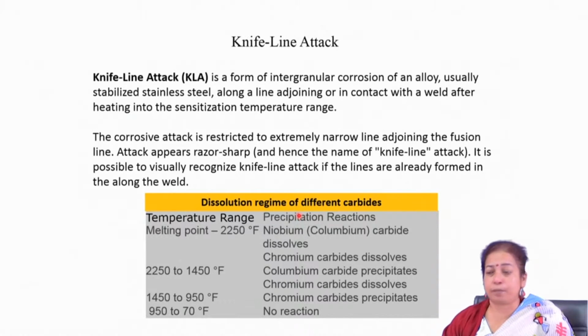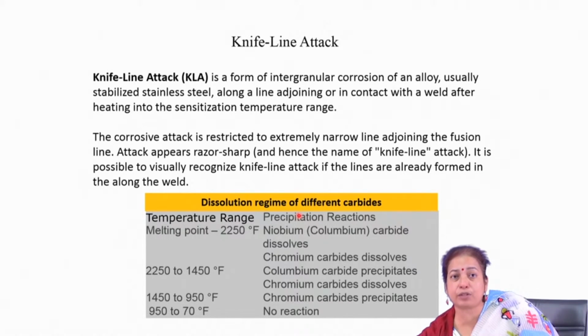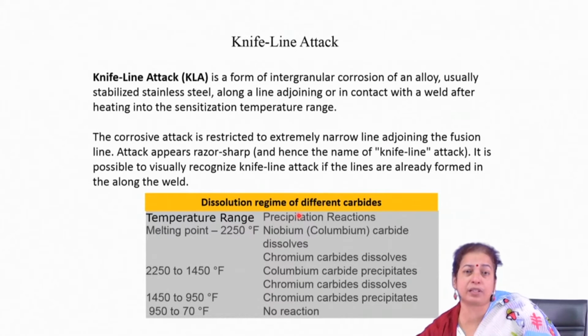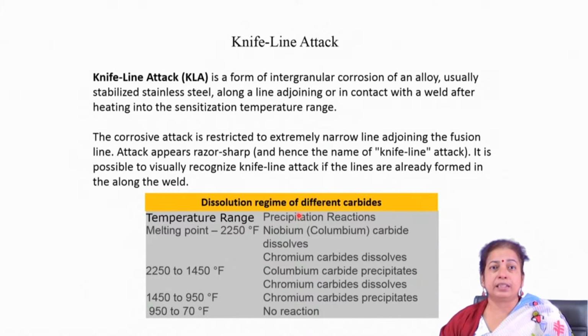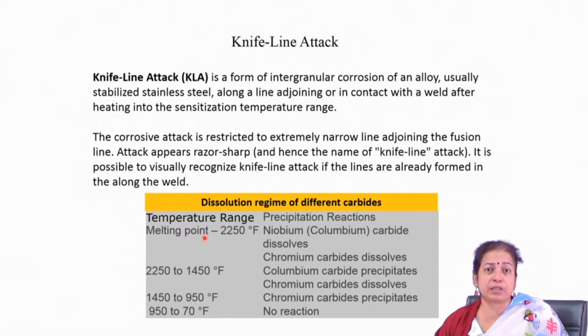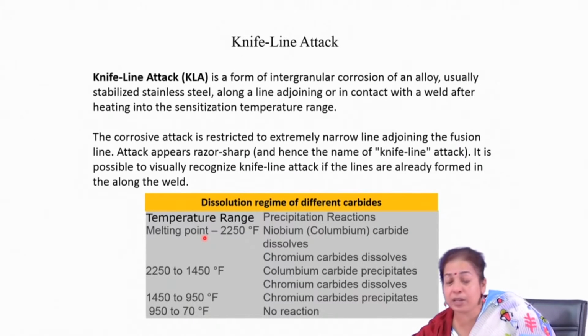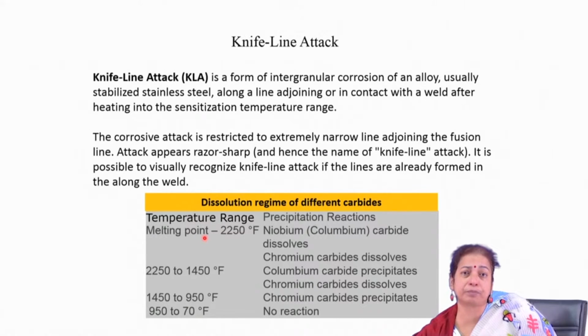So, the zone which is the interface between the weld zone and the base metal undergoes a thermal history where the temperature is around 2250 degrees Fahrenheit, which is the precipitation temperature of the niobium or columbium carbide. So, at that temperature niobium or columbium carbide precipitates along grain boundaries.